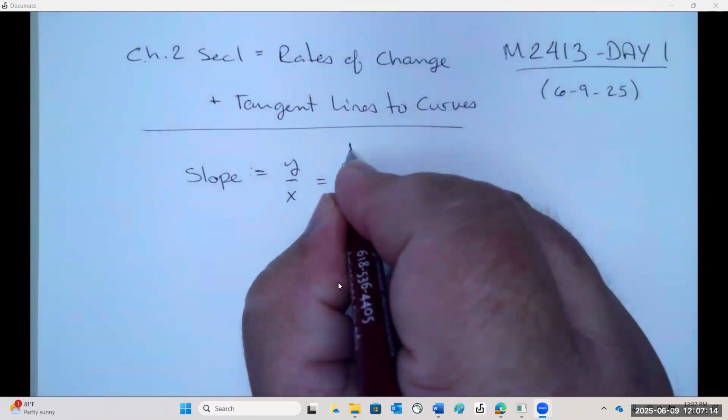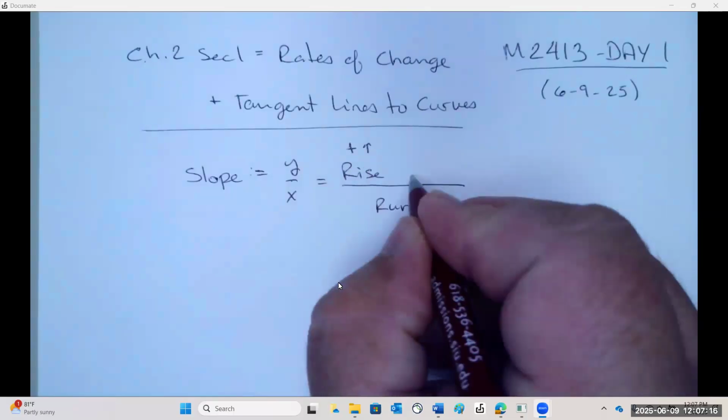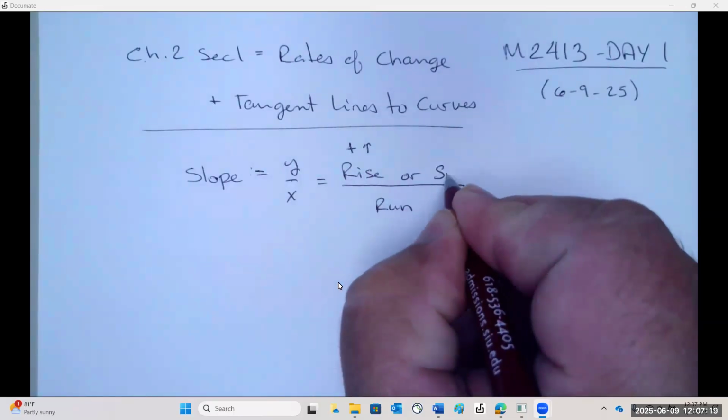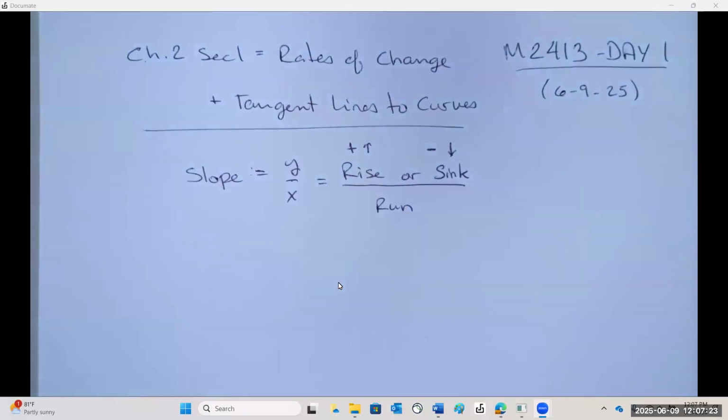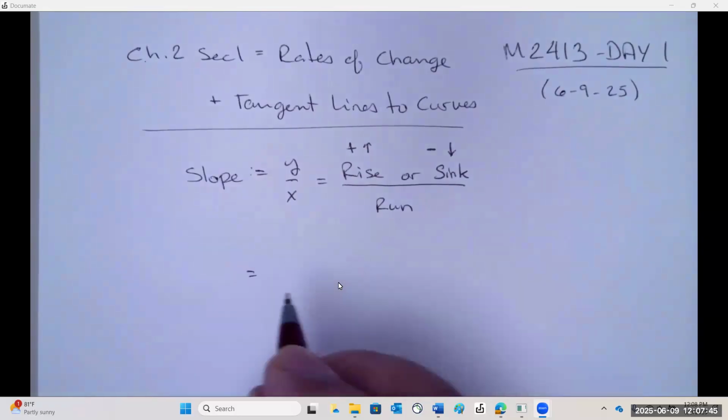It's rise if it's positive. If it's negative, it goes down. Yes. But besides, it's not y over x. Can anybody, for bonus points, try to figure out what it's supposed to be instead of y over x? Okay, you're getting closer.